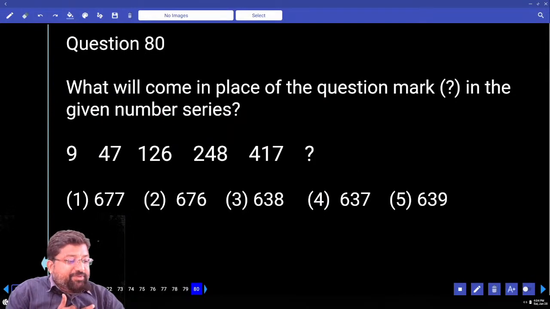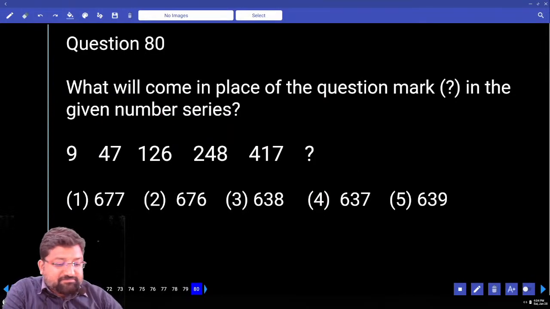Increasing or decreasing? Increasing. Do you see huge increase or gradual increase? I can say it is huge. At the same time, I can also say it is gradual. I'm in a dilemma. What should I do now?